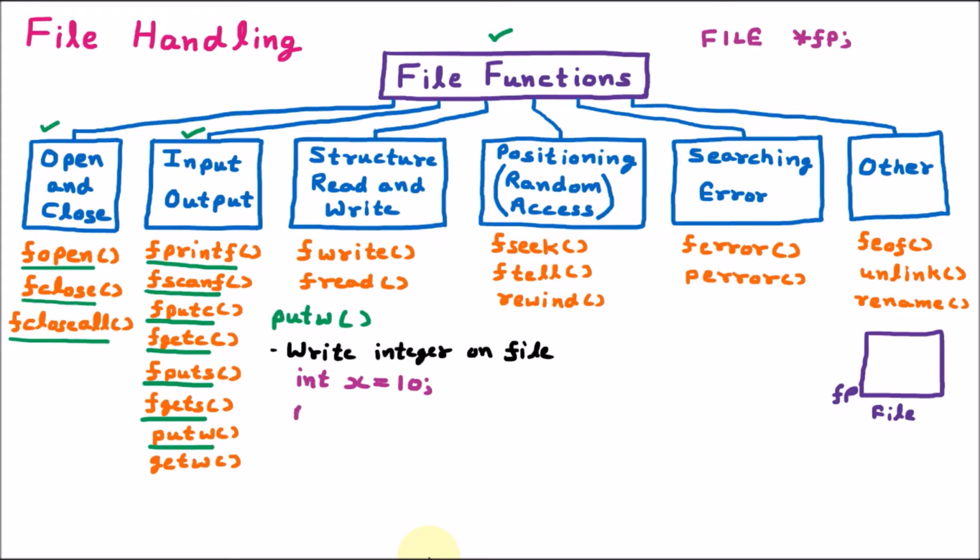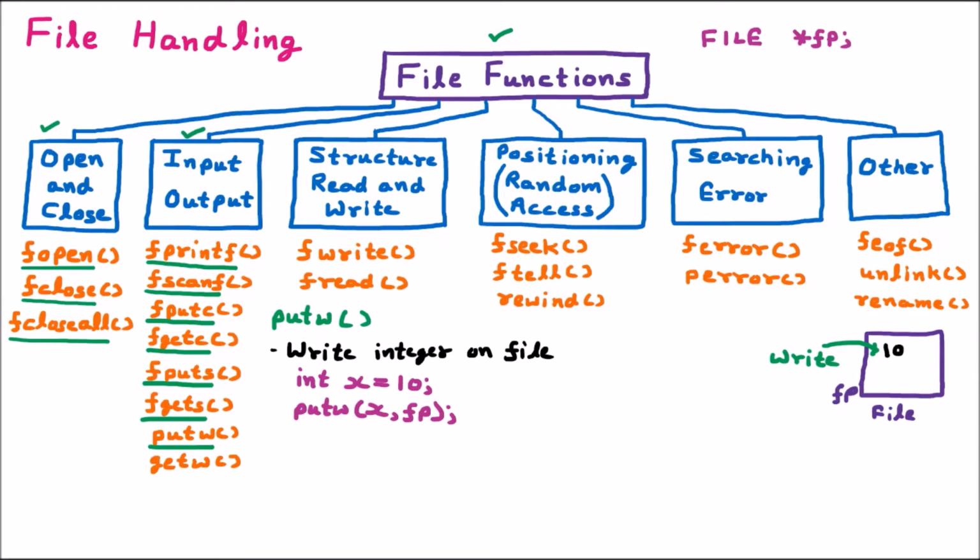So we use the function putw. Here w signifies it is an integer. So putw, the name of the variable x, comma, using the file pointer we want to write. So here we are writing onto the file, and the integer 10 will be stored inside the file.